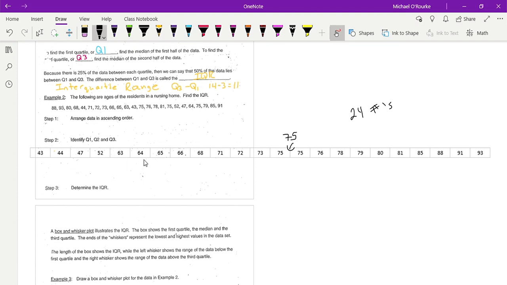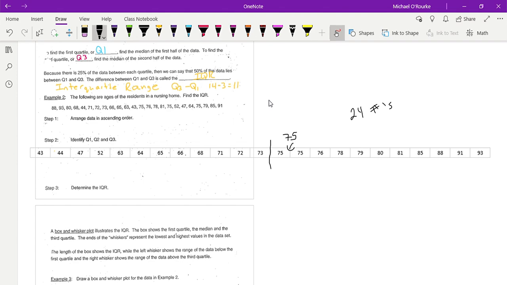So halfway, it can't be 12 and 12, right? So the halfway one is 12 and a half, between those 2 terms. So we're going to go 1, 2, 3, 4, 5, 6, 7, 8, 9, 10, 11, 12. So there's 12 right here and 12 right here. So we're going to take this number right here. Does that make sense?